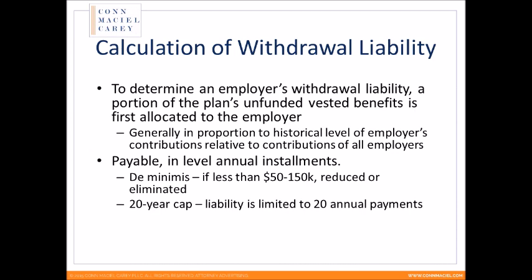And I don't mean they're liars. What I mean by that is that number is almost invariably your unfunded vested benefits, your allocable portion of the unfunded vested benefits. Because so many of these funds are over the cliff these days, that number is pretty high.